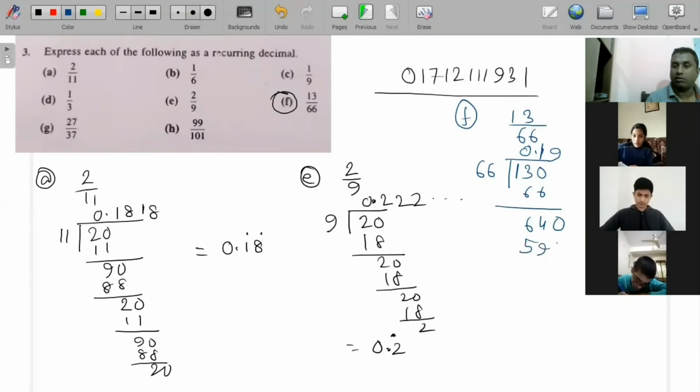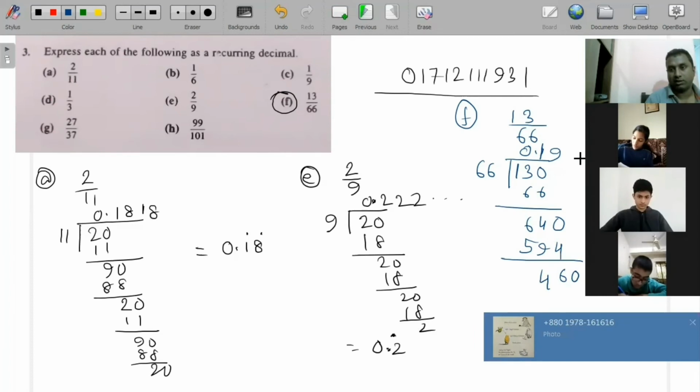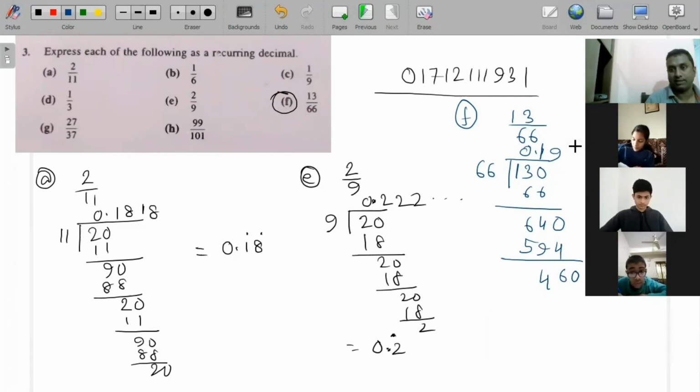If you subtract 594 from 600, it will be 460. Now how many times does it go? 6 times, right?